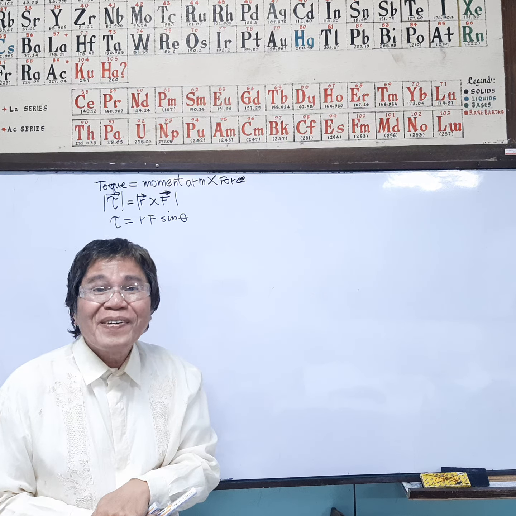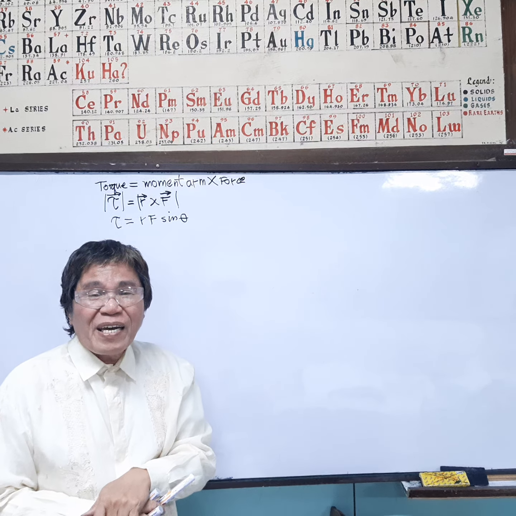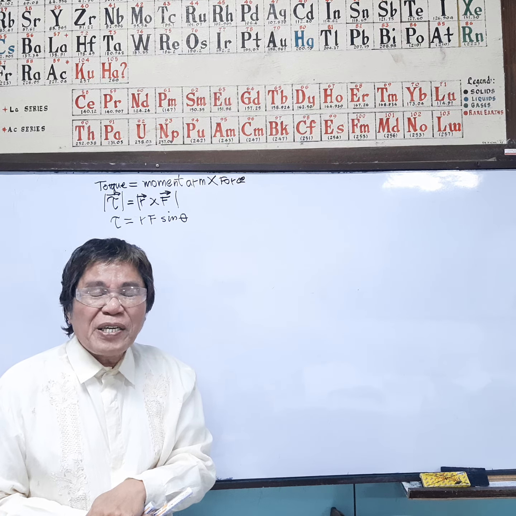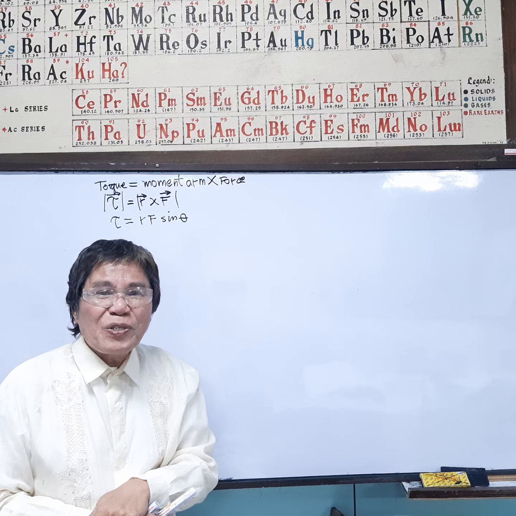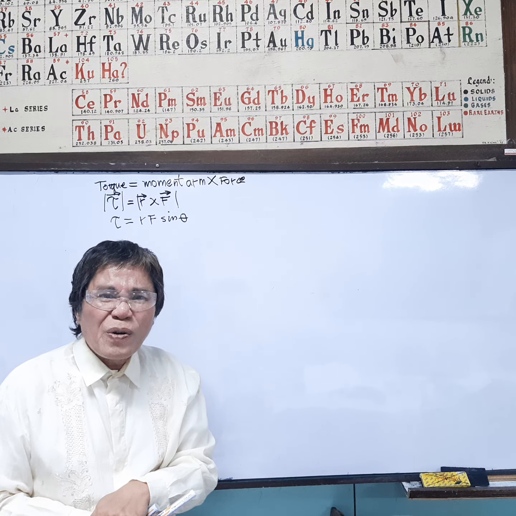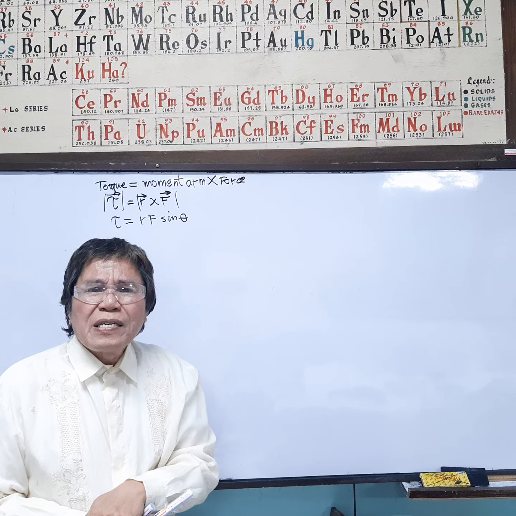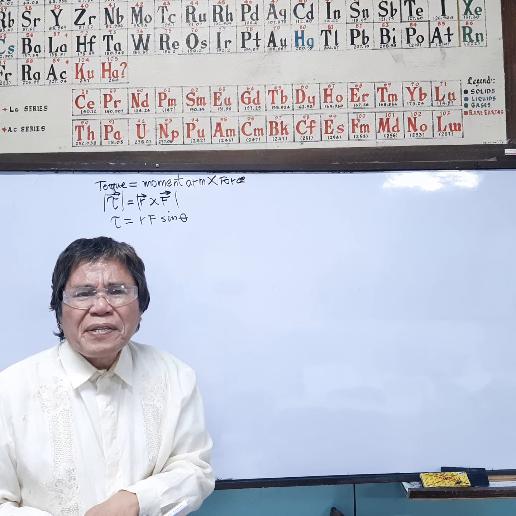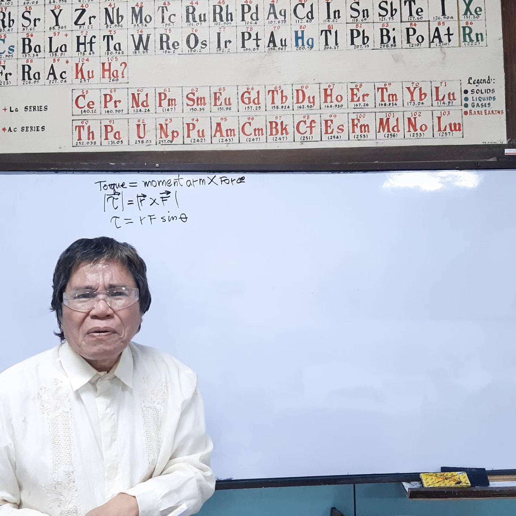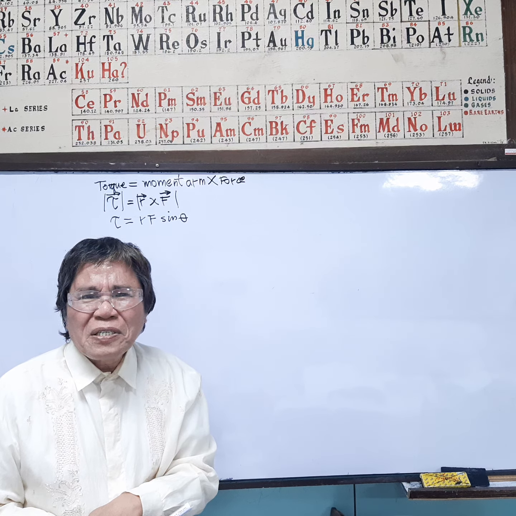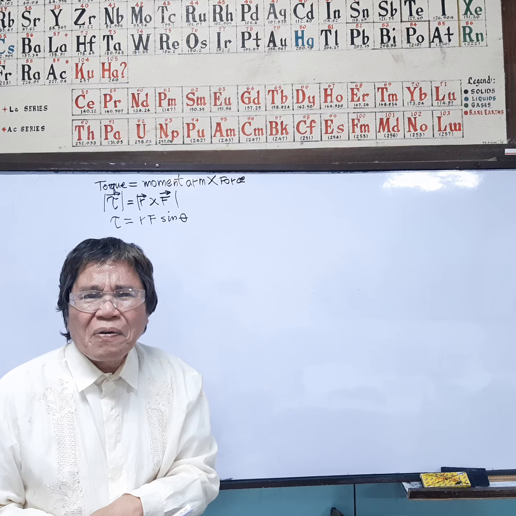Okay? From 0 to 90, there is a variation. From 0 to 180, of course, you are going to use trigonometric functions now, and you will find that when the angle is 180 degrees, torque is 0. When the angle is 360 degrees, torque is 0.